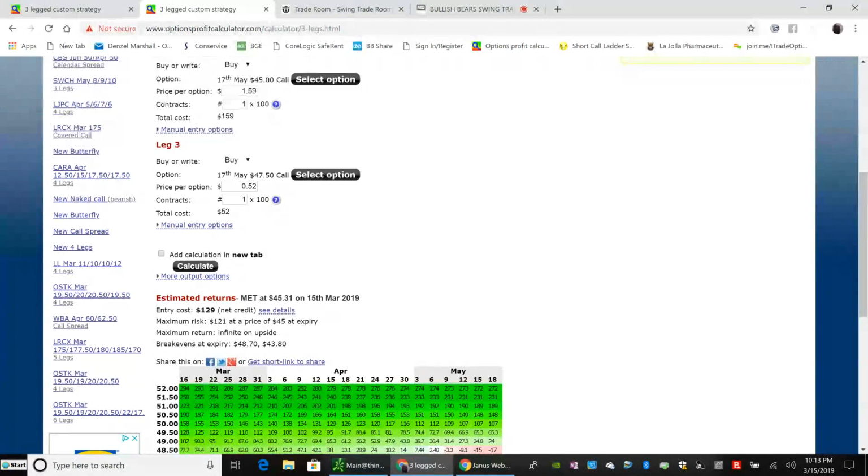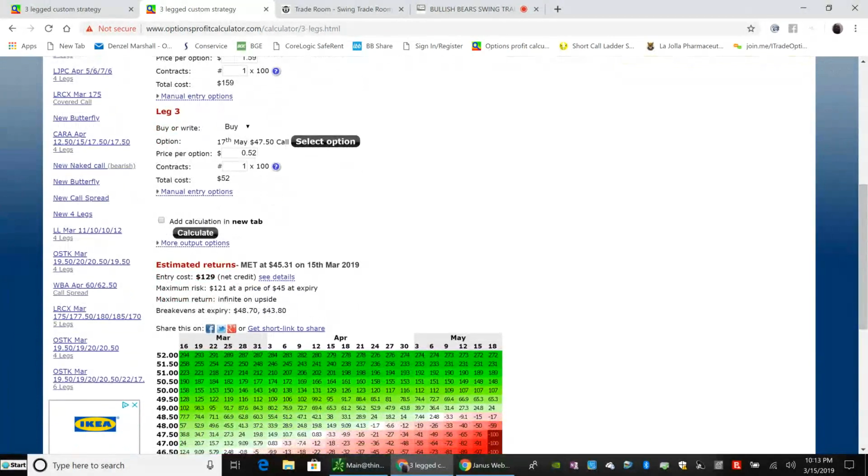When you're using a credit spread, you normally have to have some type of margin or collateral. So that's your maximum risk here, 121, and that should be easy to figure out. At expiration, that is. So 121 is your max risk at expiration if the price ends at $45.